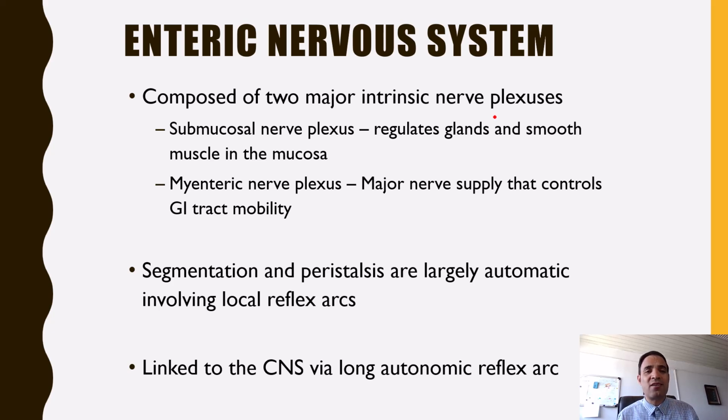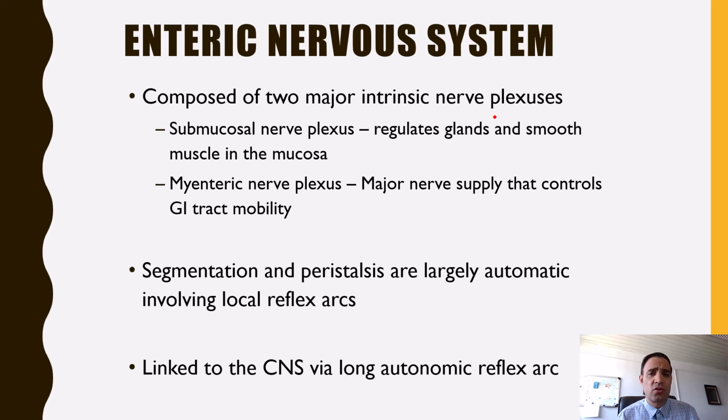In fact, they mostly regulate secretions of the glands, and those muscles that I told you were named muscularis mucosa. I told you that there are some isolated muscles that when contracted are able to change the foldings.